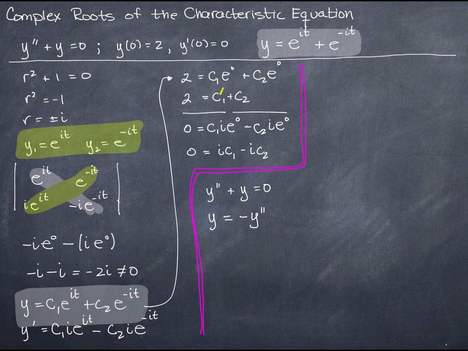Now, when we first started learning how to solve second order differential equations, I asked you just to imagine for the moment what kind of functions had a derivative that was equal to or very close to the original function. And we very quickly came up with the idea that e to the t or e to the x was such a function, right? You take the derivative of e to the x, you can do it forever.